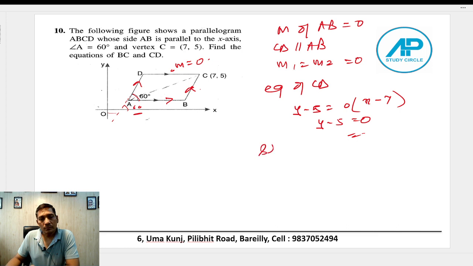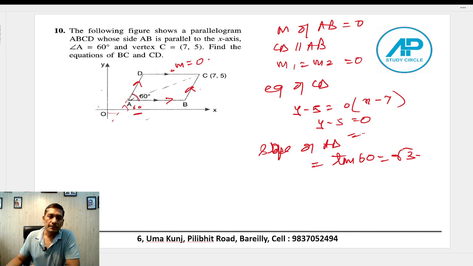So slope of AD is tan 60. It's root 3. Slope of AD is tan 60, that is root 3. Equation now.